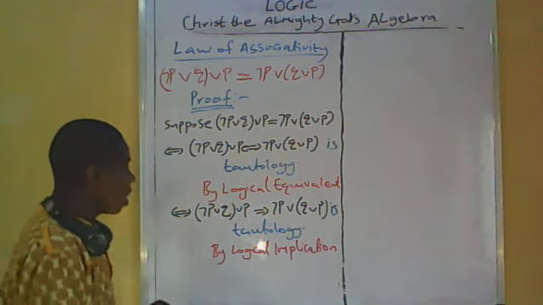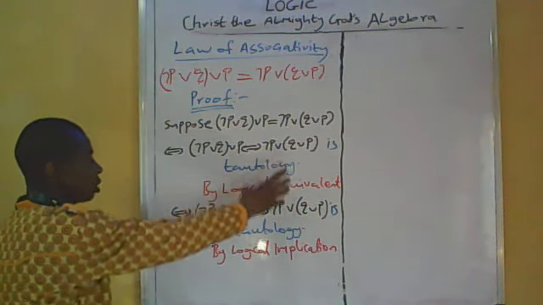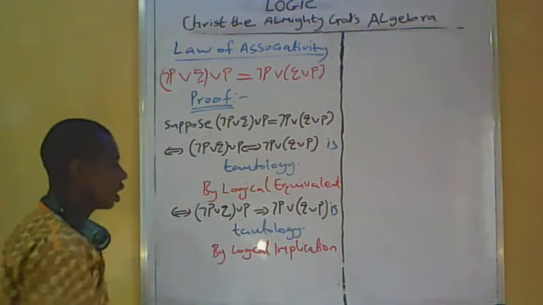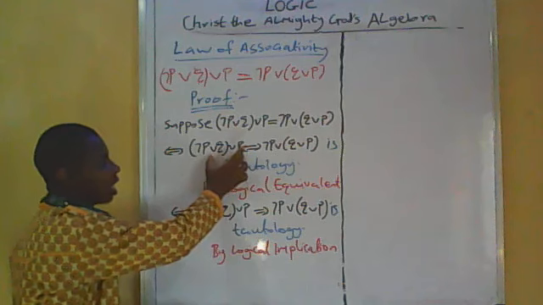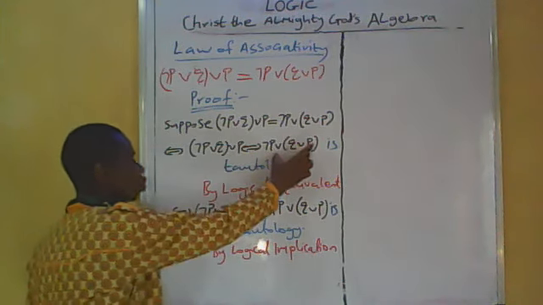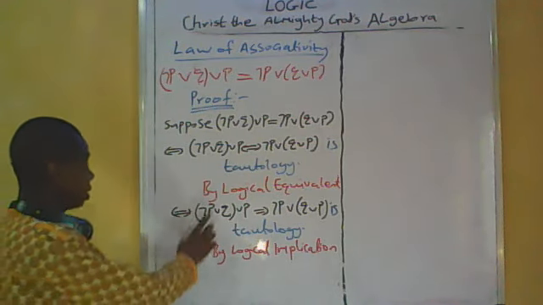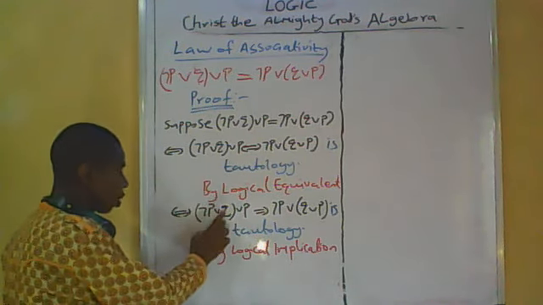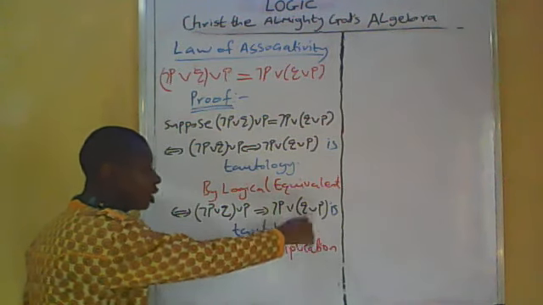We have seen that we have now transformed the biconditional statement to conditional statement. Due to that, whenever this equivalent is truth, also this equivalent must also be truth. If that is the case, we say that not P or Q or P implies not P or bracket Q or P is also tautology.